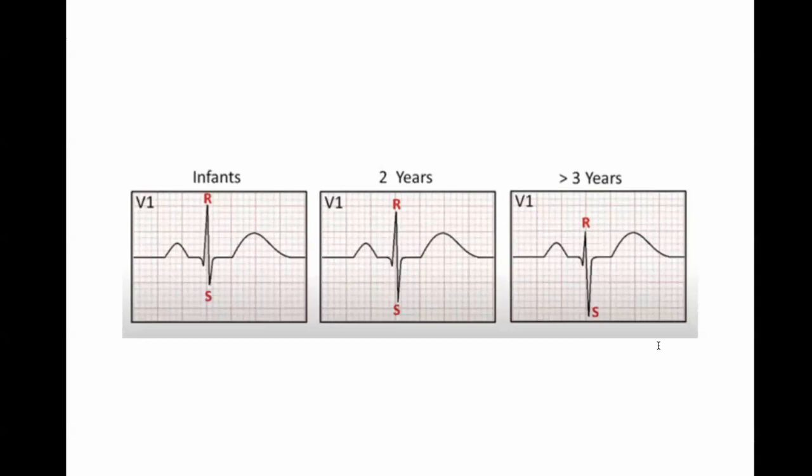After 3 years of age, the ratio typically drops below 1, so that the R wave is now smaller than the S wave. The RS ratios in lead V6 essentially show the opposite trend to V1. So typically the RS ratios in leads V1 and V6 are used to assess for proper ventricular development.